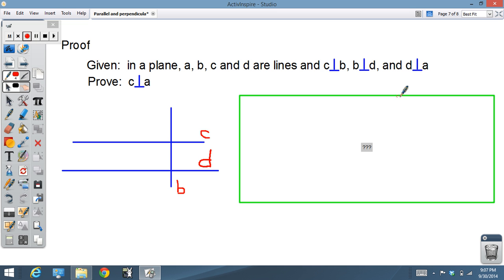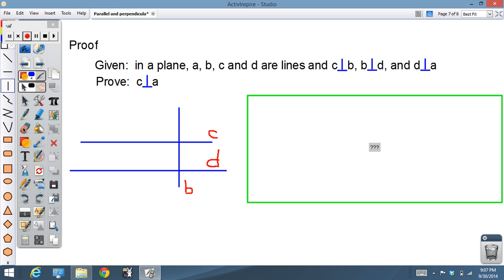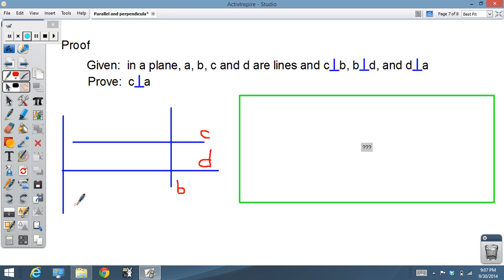So there's D. D is perpendicular to A. So let's draw an A that's also perpendicular to D. So it must be something like this, right? There's A. All right, so now can we prove that C, if we carried it on over here, must be perpendicular to A?